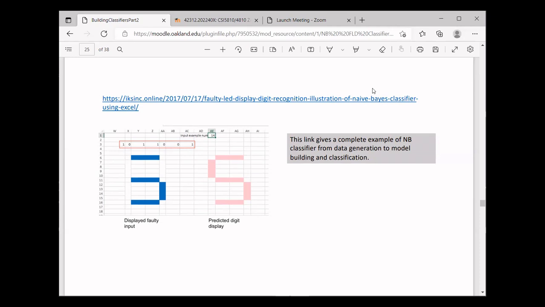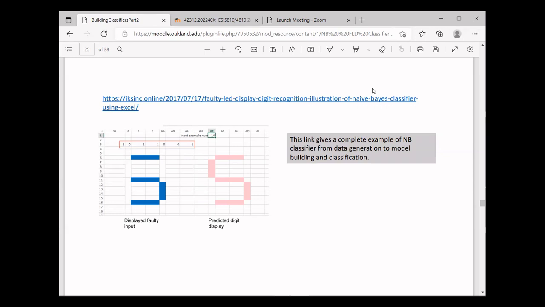Everybody is familiar with the 7-segment display, the kind of digits you see on your microwave and other digital devices. Suppose your digital display device has become faulty, so the digits are not being displayed correctly.